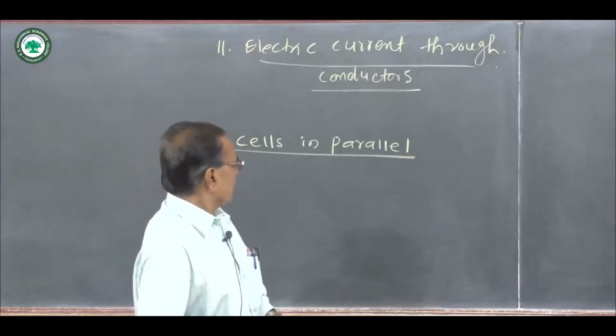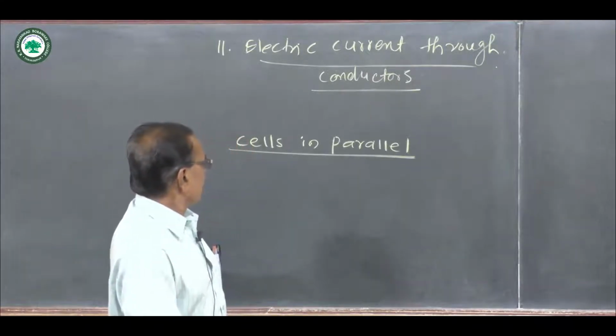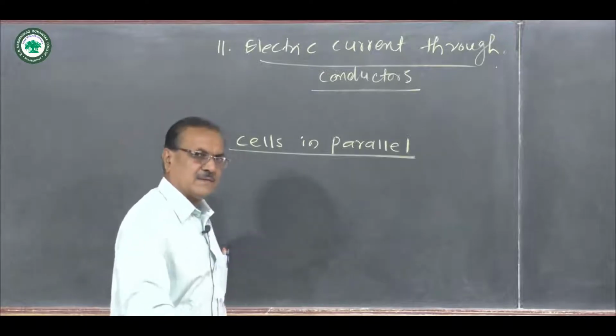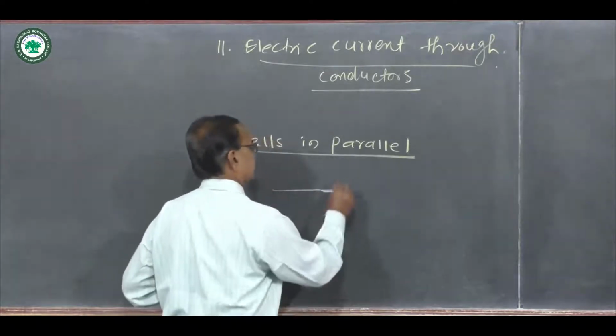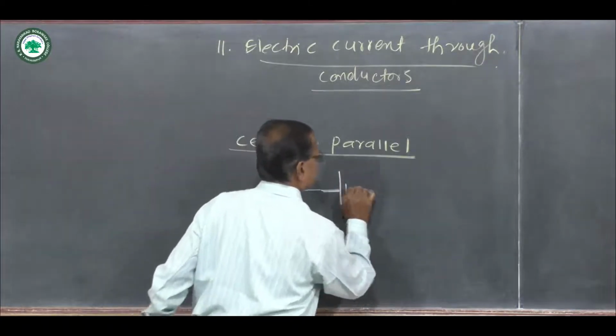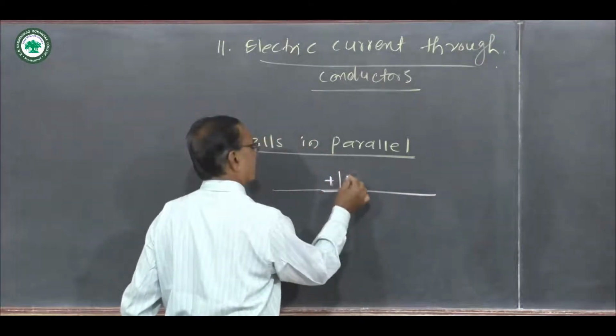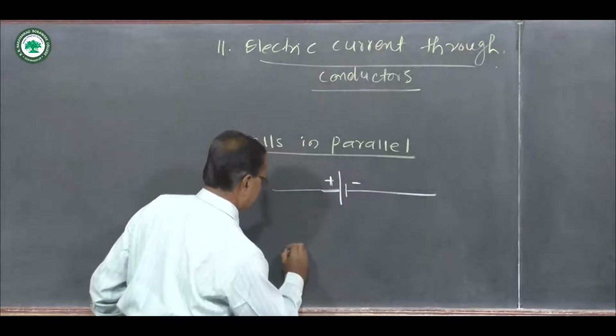However, today we will learn cells in parallel. Now suppose this is one of the cells, consisting of a positive terminal and a negative terminal.